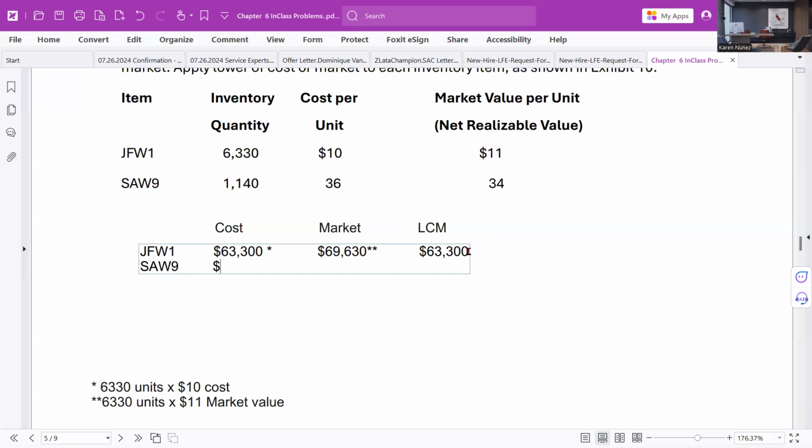So the cost is 41,040, and the market is 38,760. So again, it's the 1,140 times the 36 and the 1,140 times the 34. And we want the lower of the two. What's the lower of the two? 38,760.